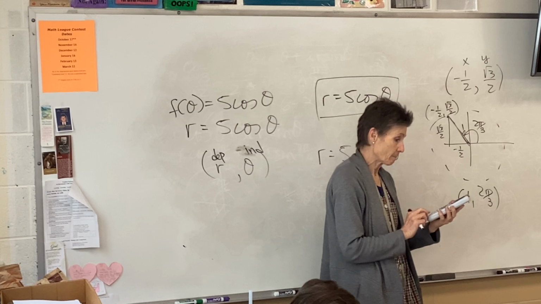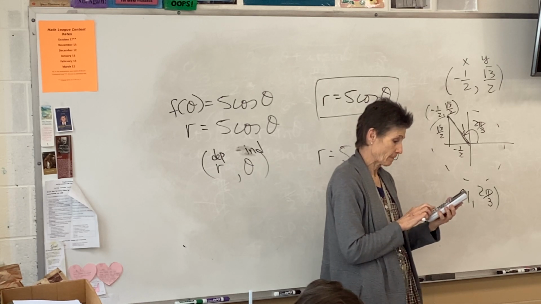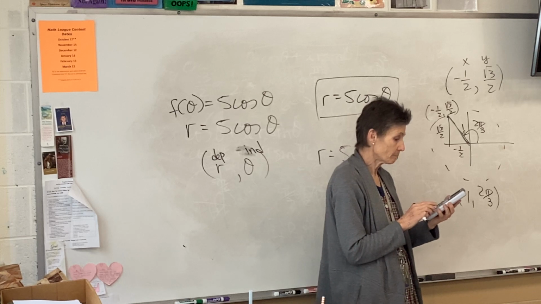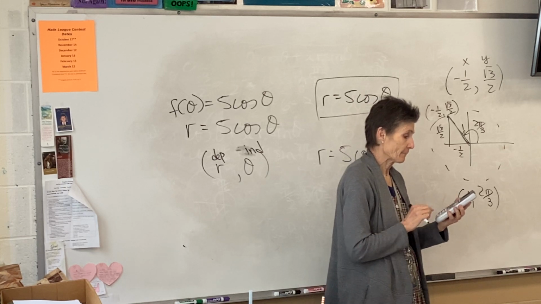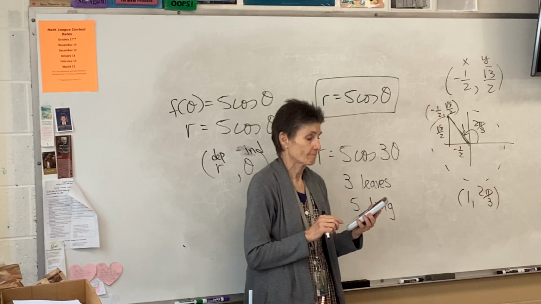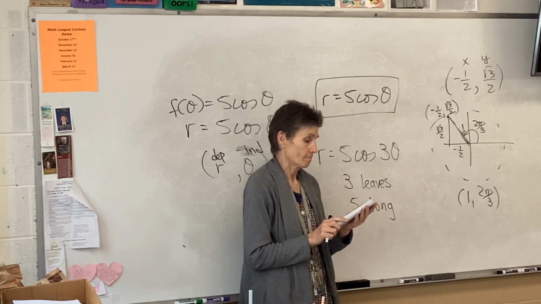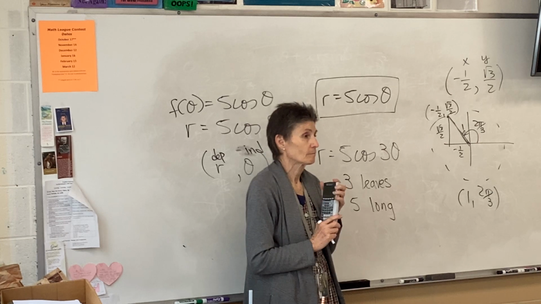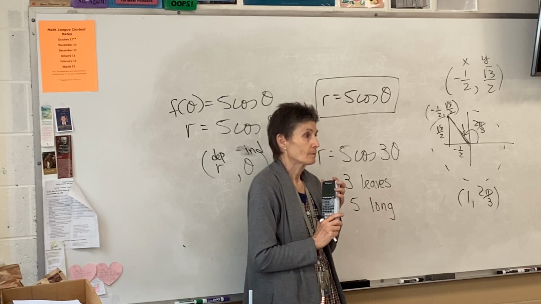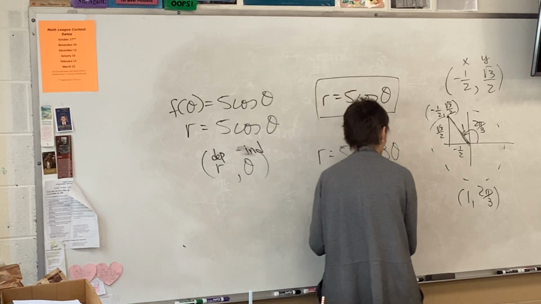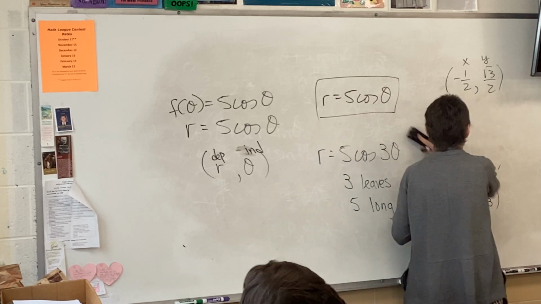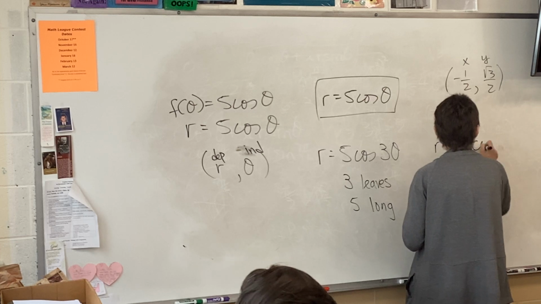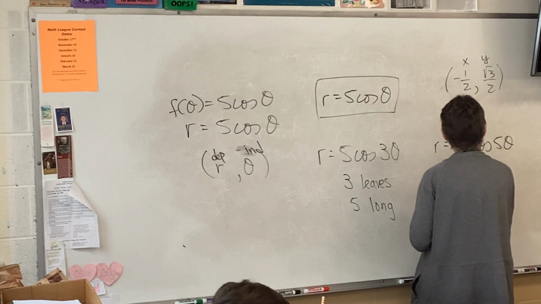-4 cosine 5 theta. Okay, what do you observe about that one? How many leaves does it have? So -4 cosine 5 theta has 5 leaves.